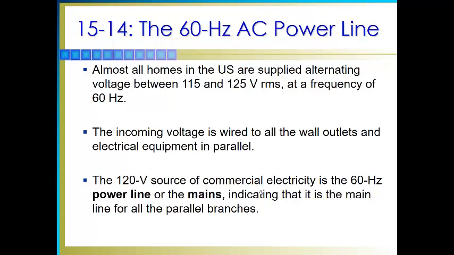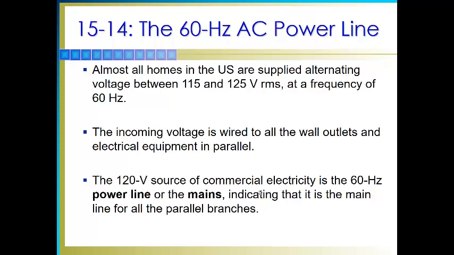Talking about AC power lines, like I explained in class and during the lab, most houses, all houses basically in the U.S., receive an alternating voltage between 115 and 125 volts RMS, and the frequency is 60 hertz.